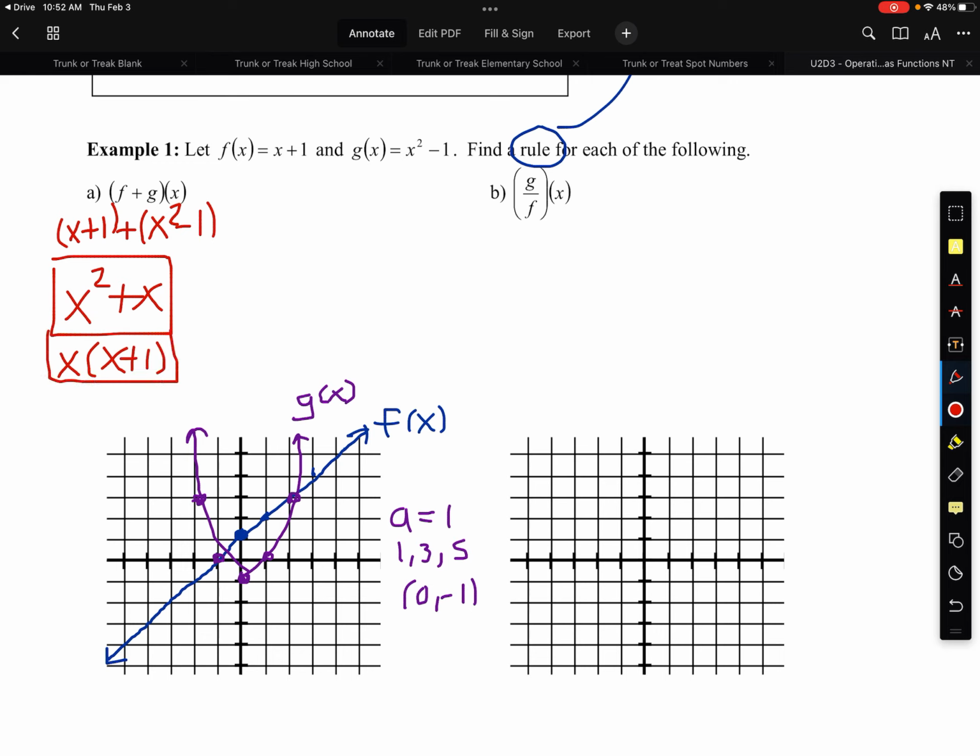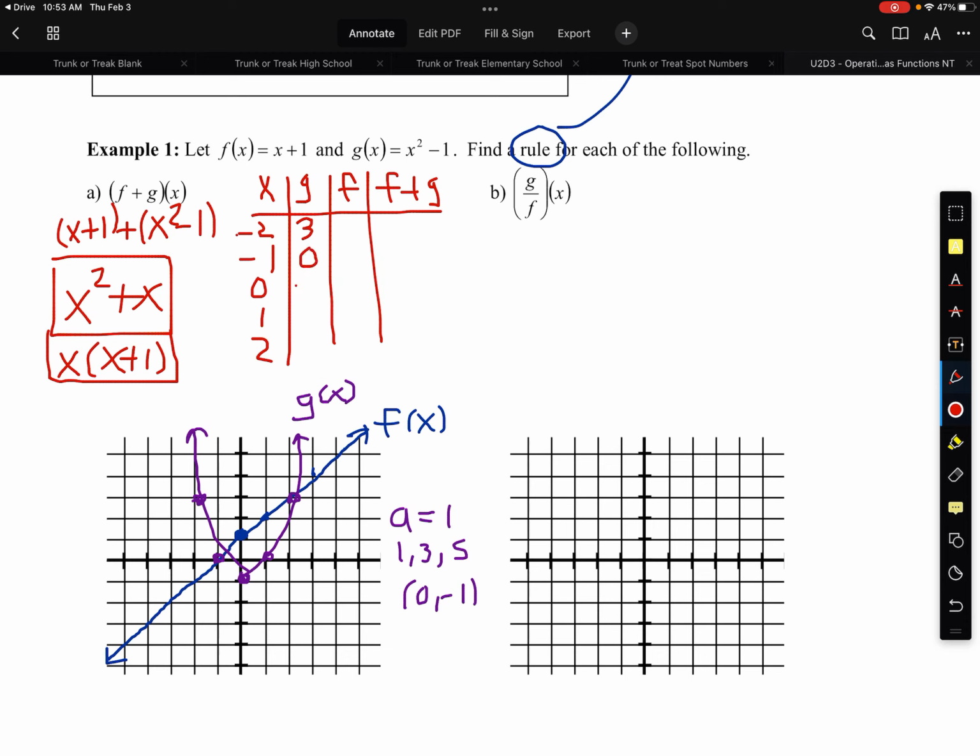Now for graphing purposes, we want to take our points and combine them together. So if we make our xy chart, we have x, g of x, f of x, and then f plus g. If we go with negative 2, negative 1, 0, 1, 2, I think that's a good sampling. With g of x, at negative 2 we have 3, at negative 1 we have 0, then negative 1, 0, 3.